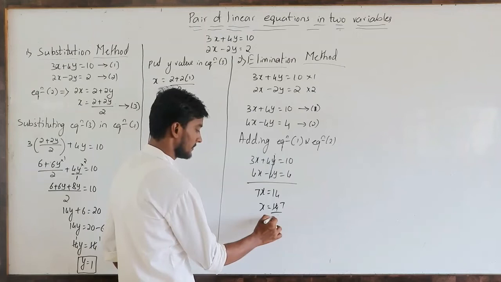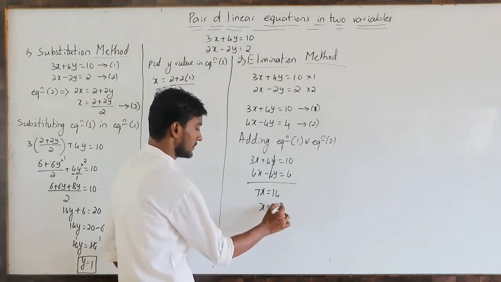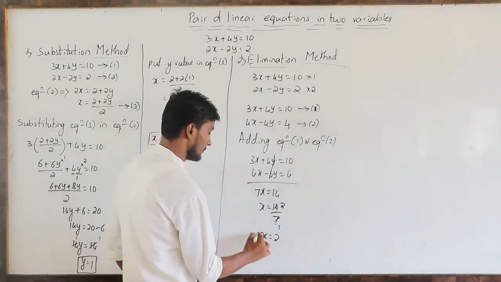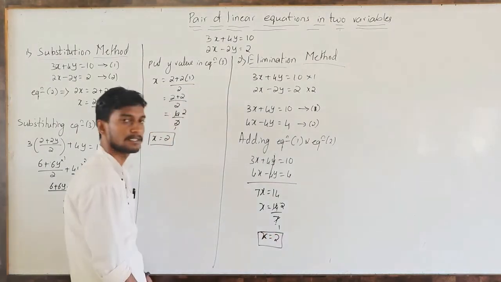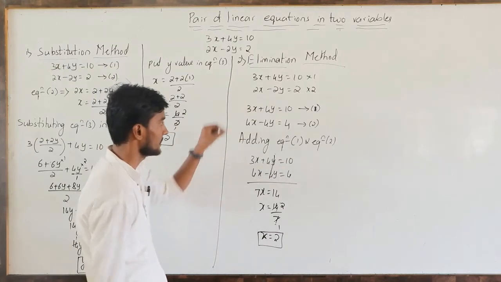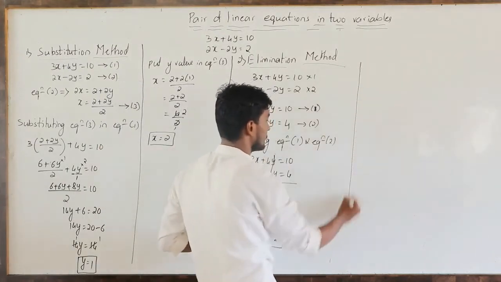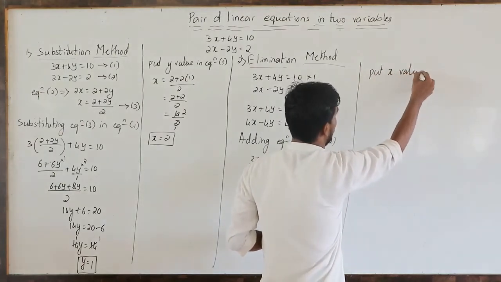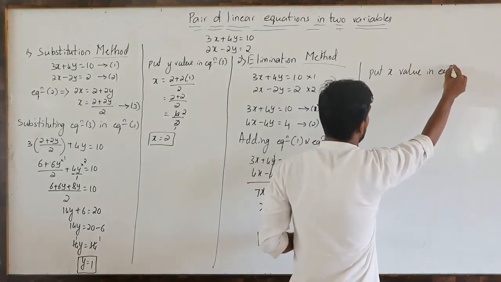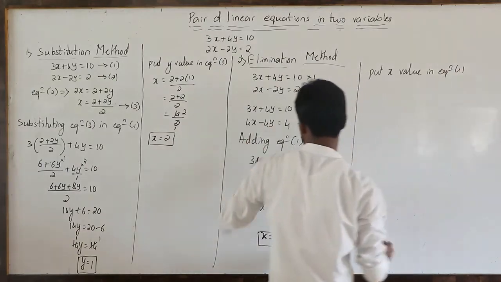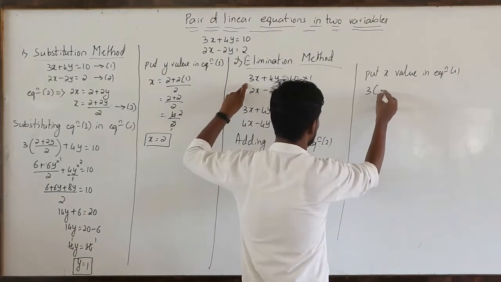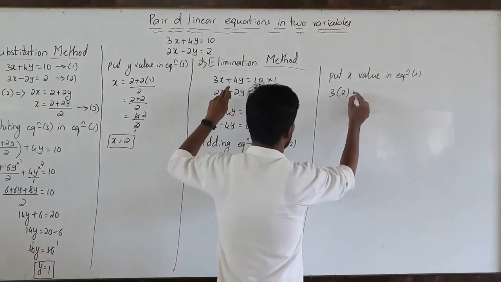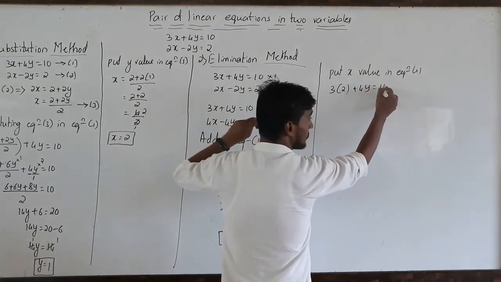Therefore, x is equal to 14 divided by 7, 7 twos are 14. X is equal to 2. The value of x is 2. This x value you have to substitute in equation 1 or in equation 2. Put the x value in equation 1. 3 into x, it is 2, plus 4y is equal to 10.